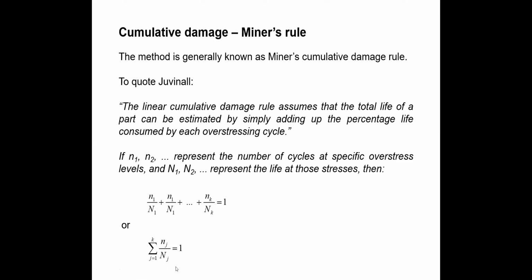So we can simply say it this way: j means 1, 2, 3, 4, 5, 6 until k. That means the different types of stress ranges. So k types of stress ranges are there, and j can be 1 to k. Are we clear about that? This is the Miner rule actually.